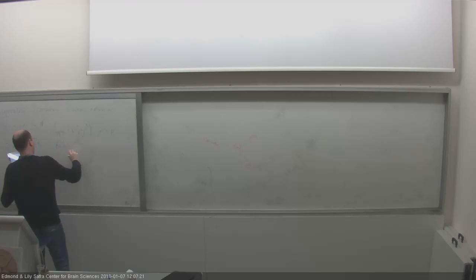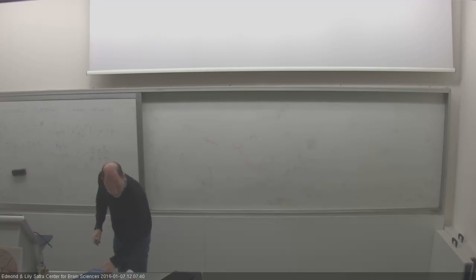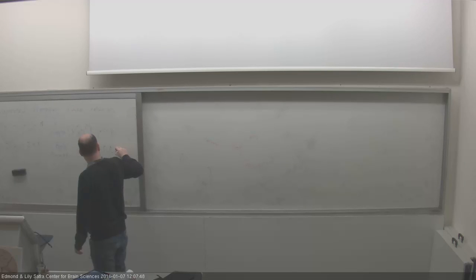So this will be our rule: minimize the training error, E_training, which I defined as half sum over mu of (y^mu minus w transpose x^mu) squared.